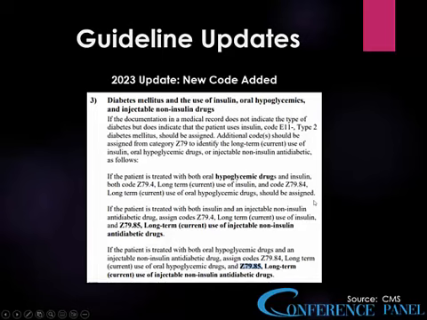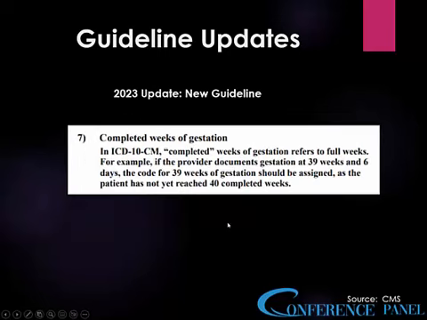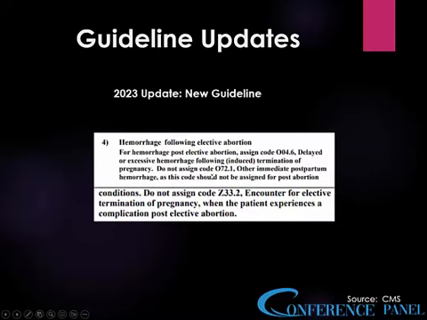We also have a brand new code for long-term use of injectable non-insulin anti-diabetic drugs. For dementia, dementia completely exploded in 2023. We have tons and tons of new codes to reflect etiology and severity. We also have a new code for completed weeks of gestation. We also have a new guideline for hemorrhage following elective abortion.